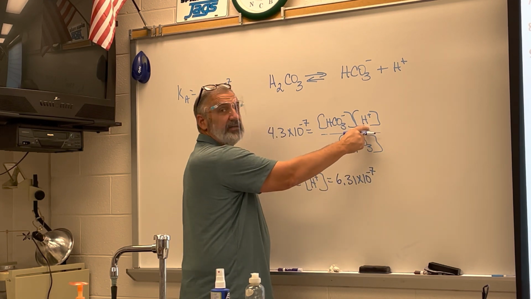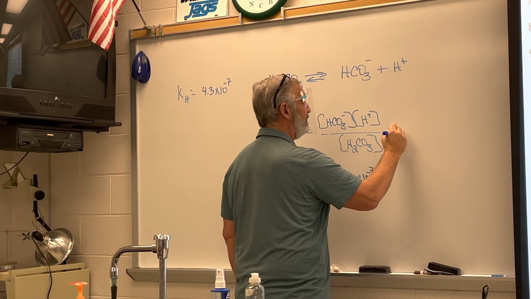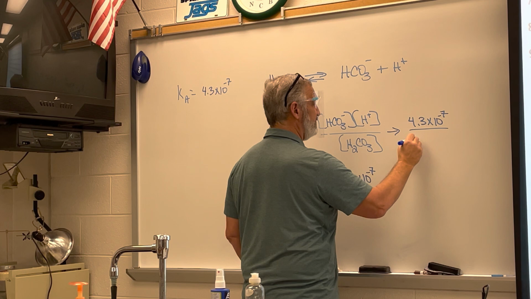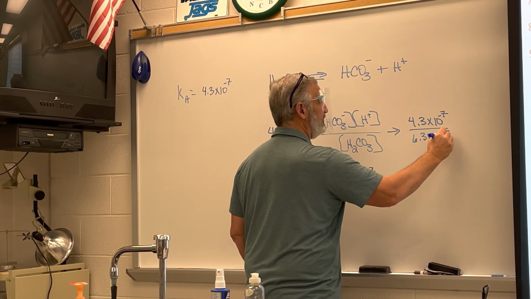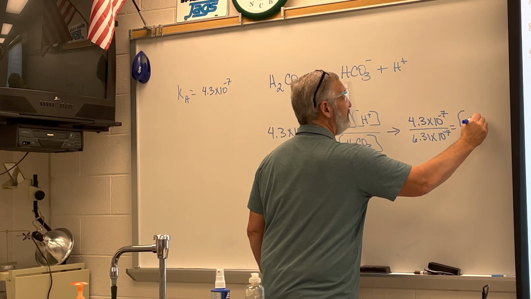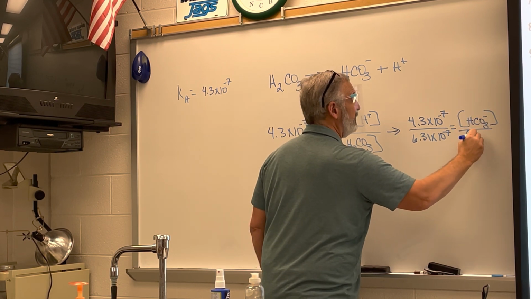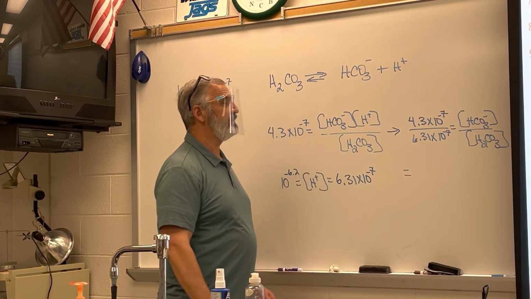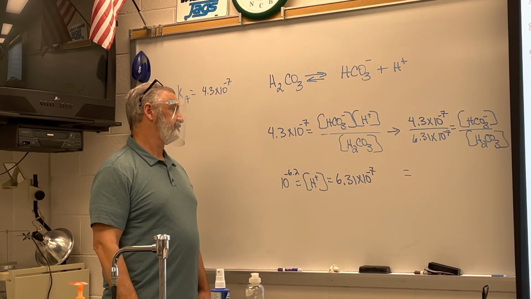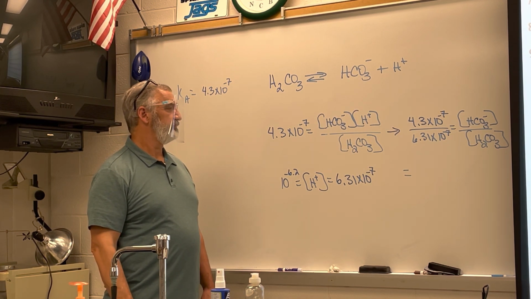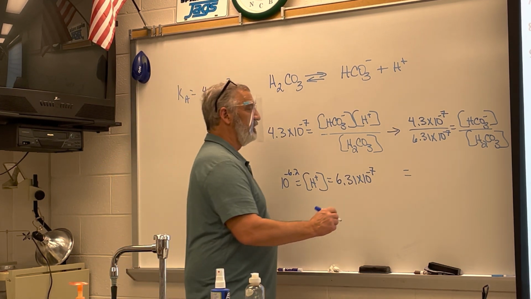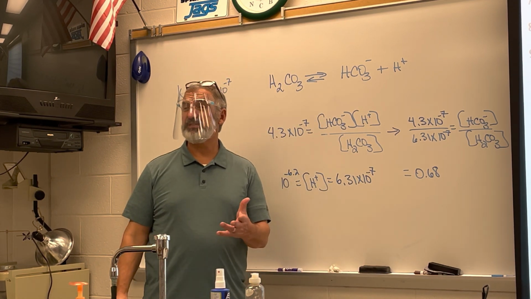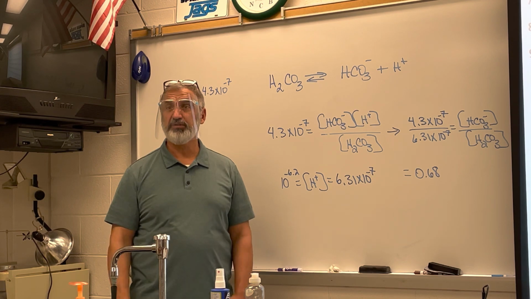So I know then that 4.3 times 10 to the minus 7th divided by 6.31 times 10 to the minus 7th is equal to my HCO3 minus over H2CO3, which is equal to 0.68. Pretty close to 0.67, so it's about a 2 to 3 ratio.